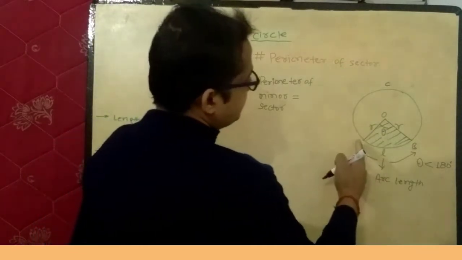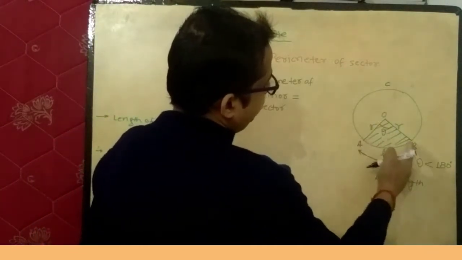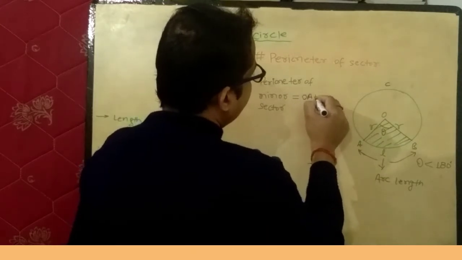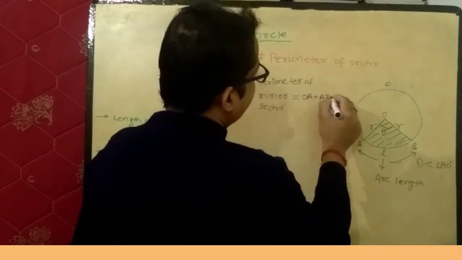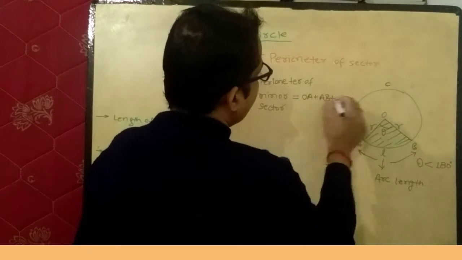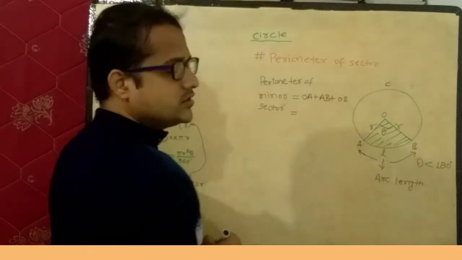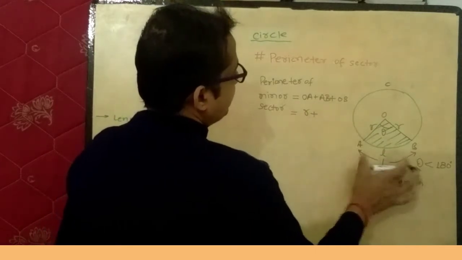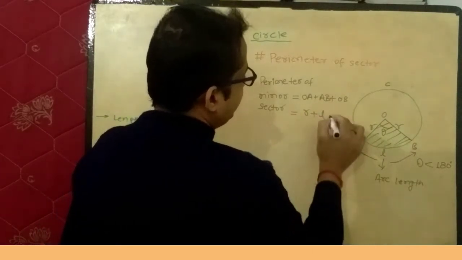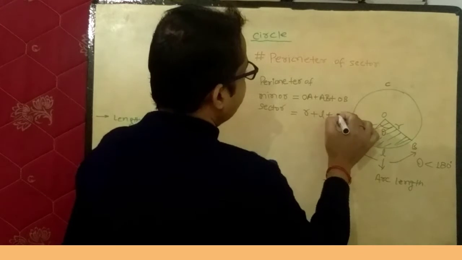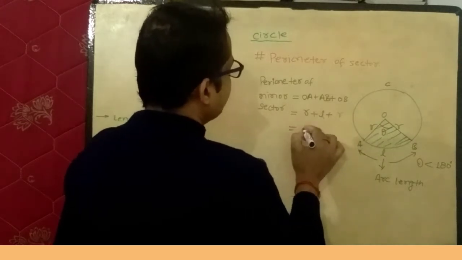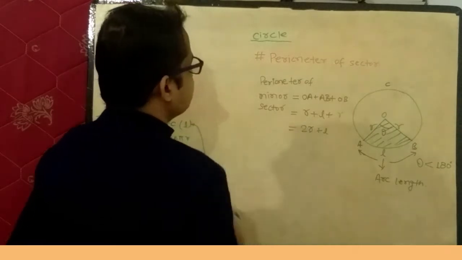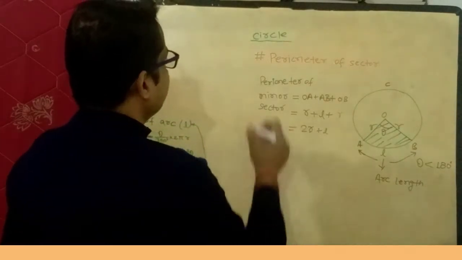So this is a closed figure OABO, then OA add up, AB add up, OB is perimeter. So value of OA is small r, add up value of AB is small l, add up further value of OB is small r. So you will get 2r add up l. This is perimeter of minor sector.